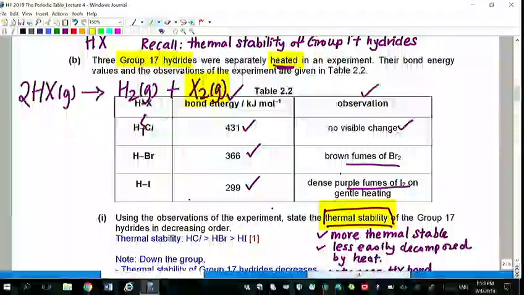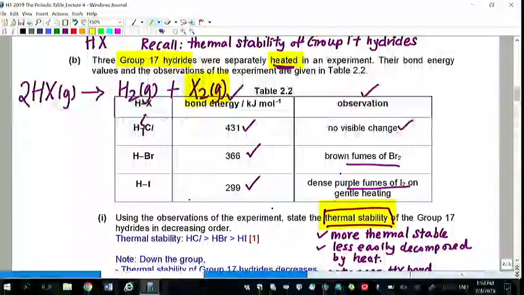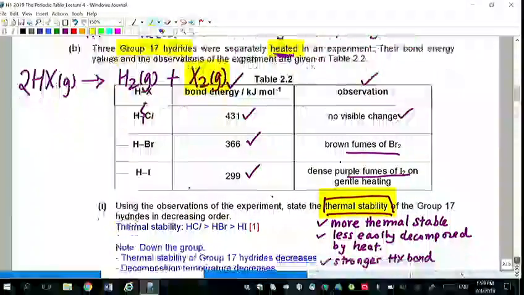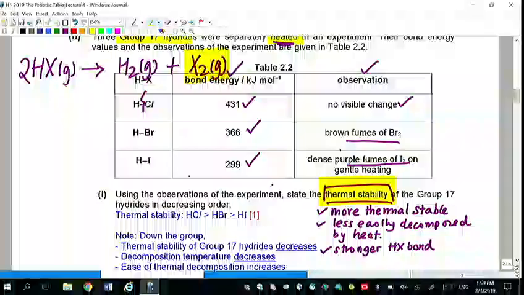In the presence of heat, it does not decompose easily, it is more stable. Why does it not easily decompose by heat? Because your HX bond is actually stronger. That is the link of how I draw the bond strength to the thermal stability. You may want to take this down if you're often confused about what thermal stability is.